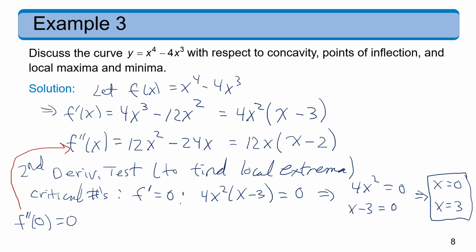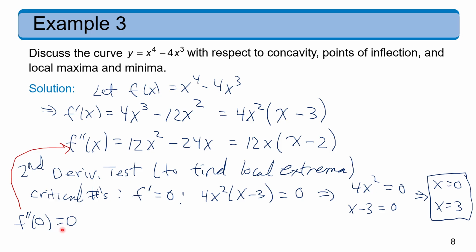Now what does that tell us? Remember, the second derivative test says if you take one of these numbers that you already know makes the first derivative equal to 0, then you look at its output when you plug it into the second derivative. If you get a positive number, that tells you one thing. If you get a negative number, it tells you another thing.